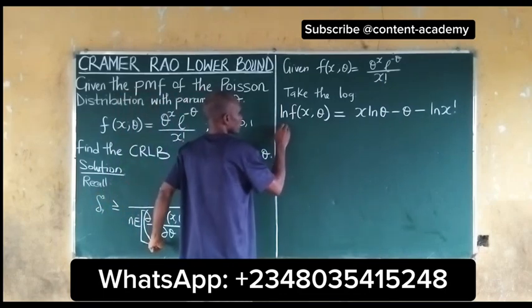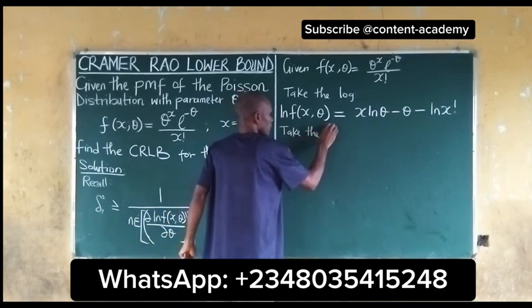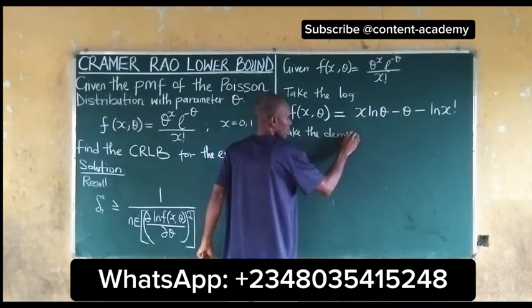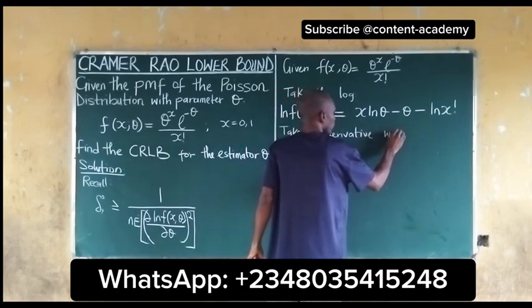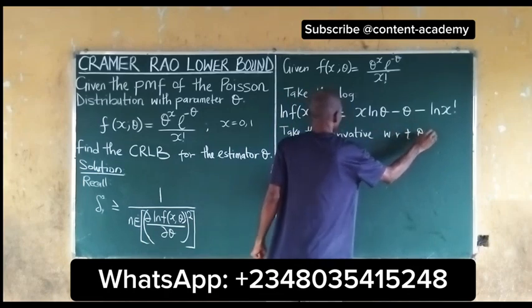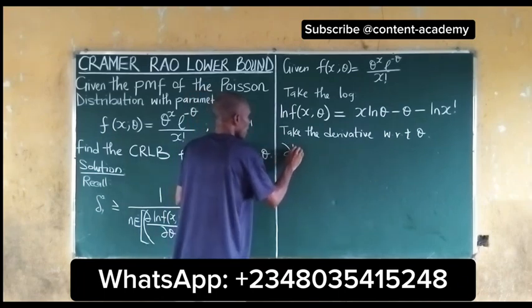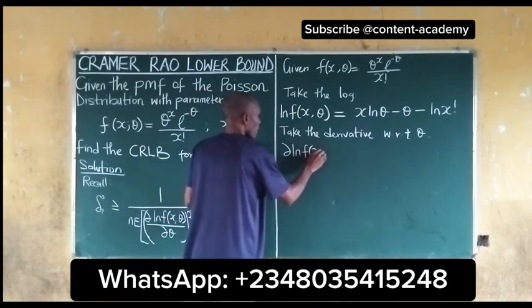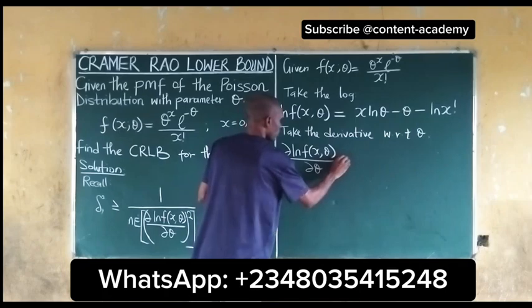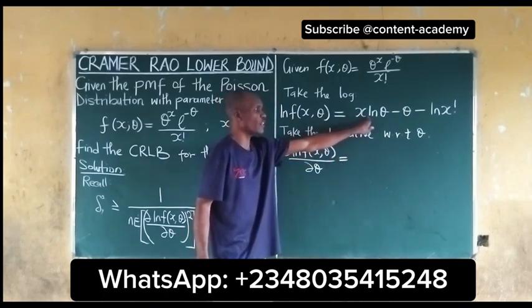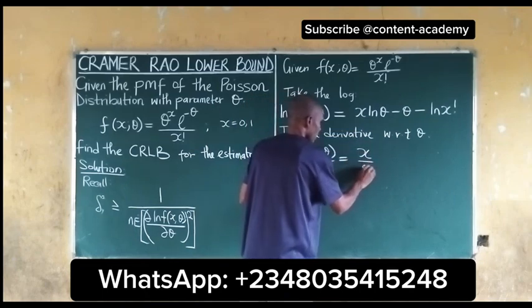So we take the derivative with respect to theta. We have the derivative of ln f(x, theta) with respect to theta equal to, if we differentiate this term, we get x over theta.